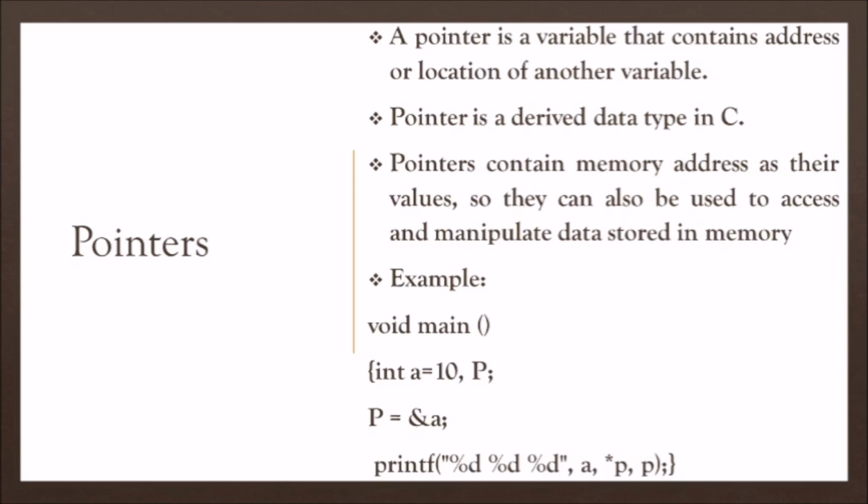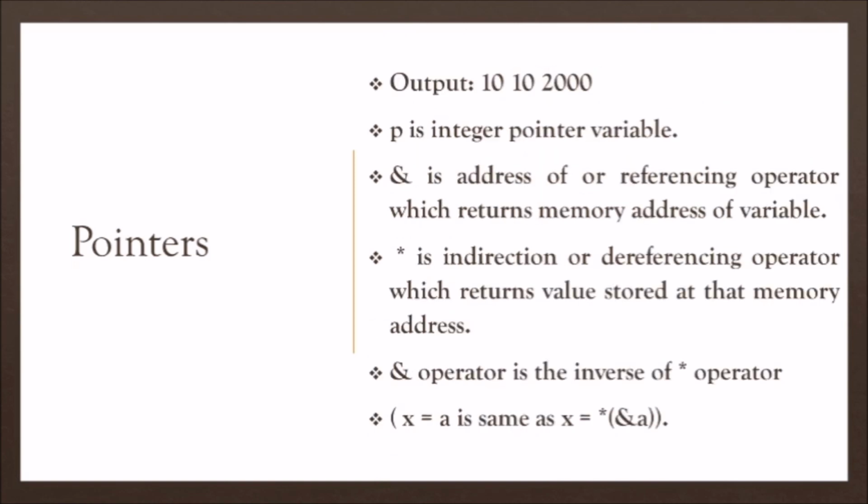Now the value of a is 10, but p actually stores the address of variable a. Here we print the value of a, p and star p. Now what is the use of star p? Star p is actually printing the value which is stored at that location of the variable. Okay, so we run this program, then the idea will be very clear.